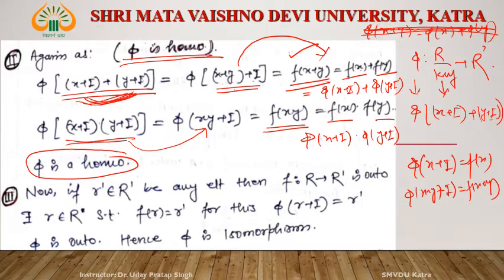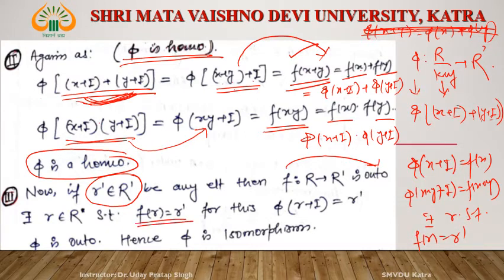Take any arbitrary element of R prime. Then what is f? f is onto. So there exists r such that f of r is equal to r prime. Yes, f of r is equal to r prime. But what is f of r? f of r is phi of (r + I) by definition.